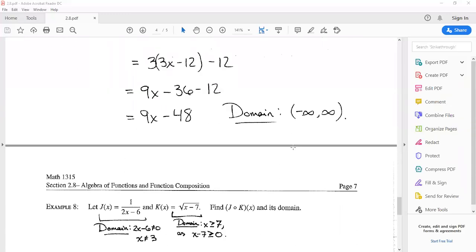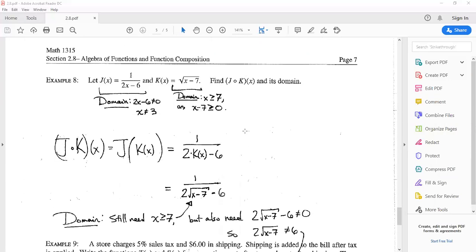Let's do one more here. This last one is tricky, but good. So buckle your seatbelts. They let j of x be 1 over 2x minus 6, and k of x is the square root of x minus 7. So we will find j of k of x, and we will find its domain.